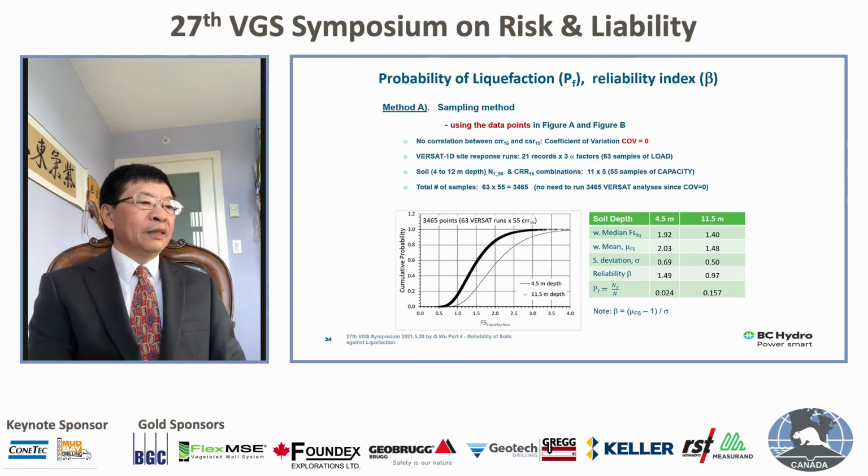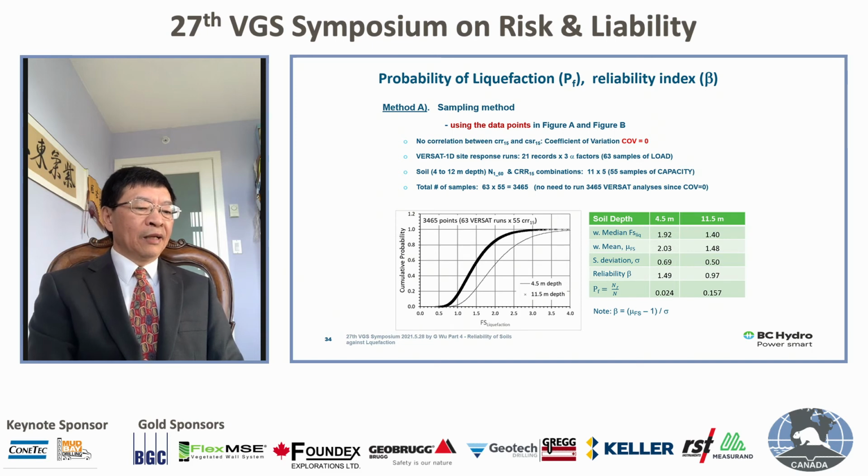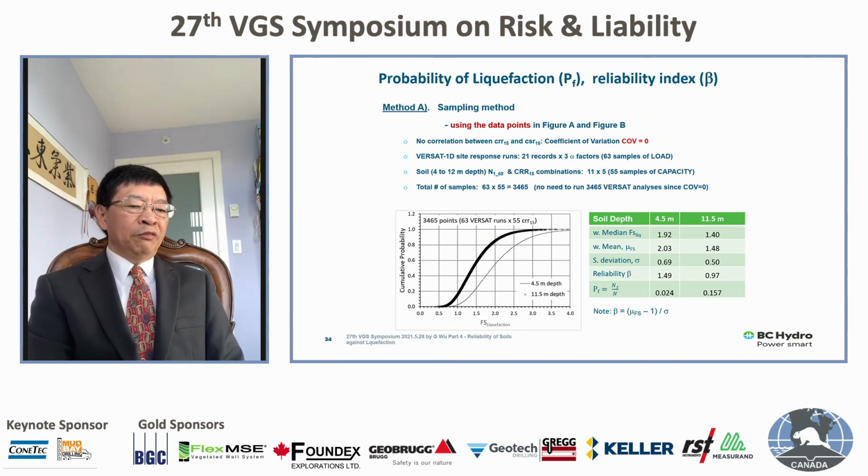Now, that is from the probability method B, FORM. And then if you use method A, which is by sampling, meaning you're using those points, circles in the previous figures, and combine all those circles together, meaning you have 55 from the capacity and 63 from the load, and 55 times 63, you will get 3,465 points for this analysis.